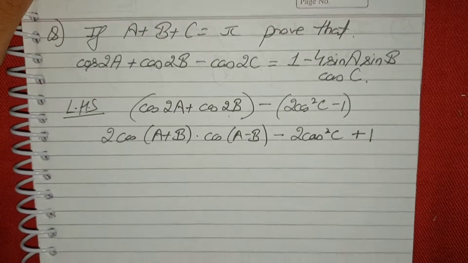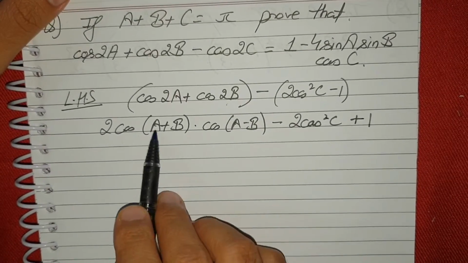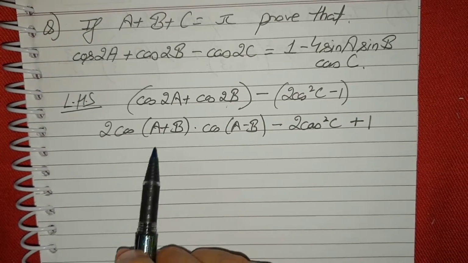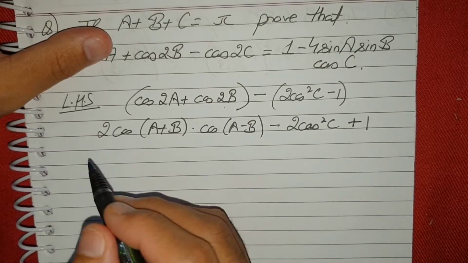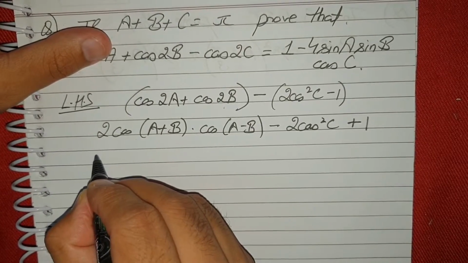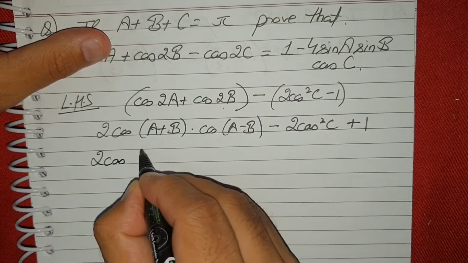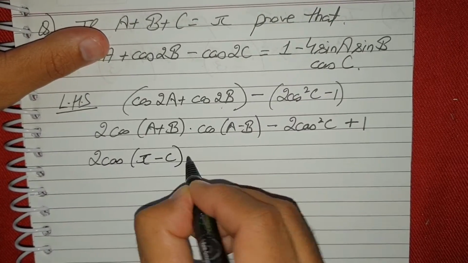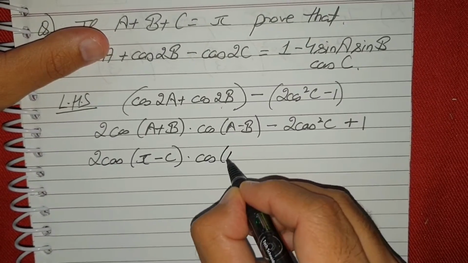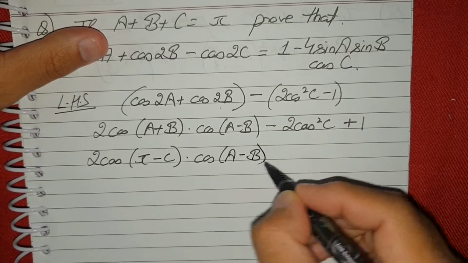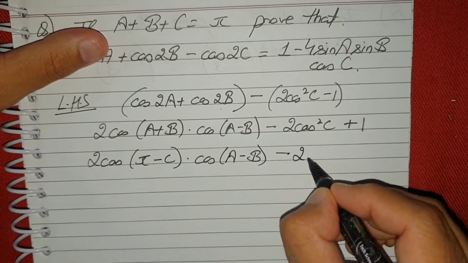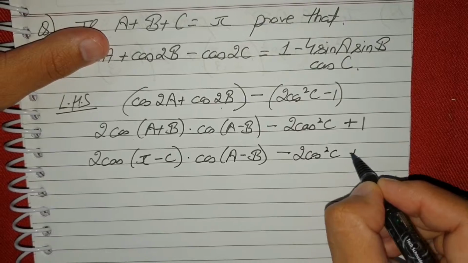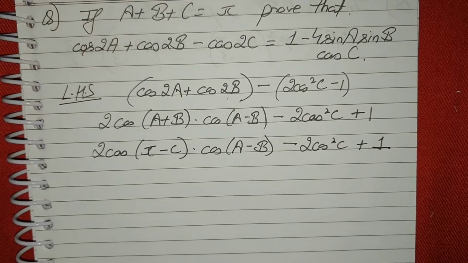plus 1, opening the bracket. Now A plus B can be written as pi minus C. So this is 2 cos (pi minus C) into cos (A minus B) minus 2 cos square C plus 1.